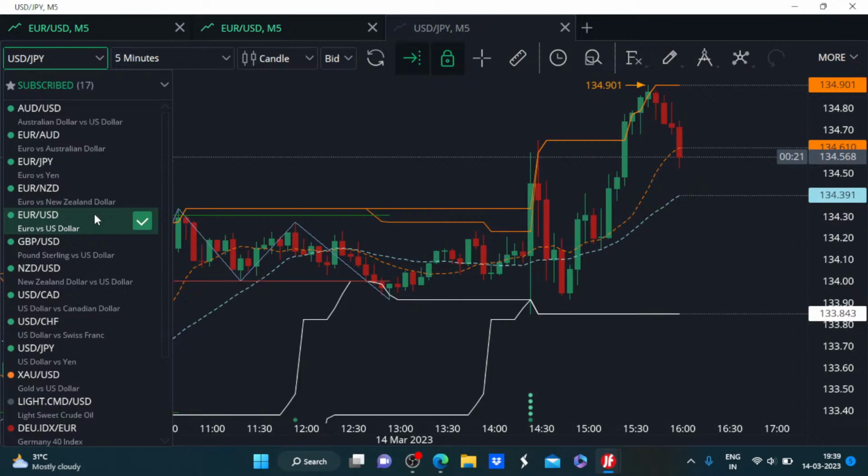Rather than that, we are seeing some signs of revival on these lower levels. So you can even try your hands on buying the euro, but that is not an obvious choice. I think we will have to look for the other currencies where things might have much more clarity.